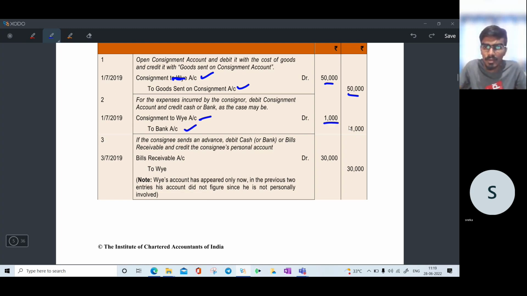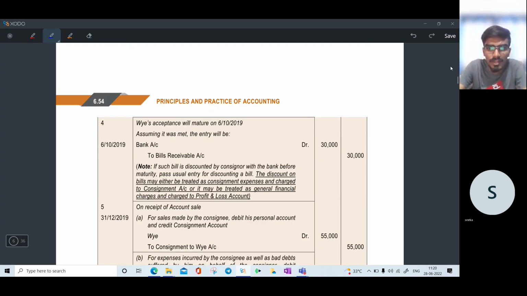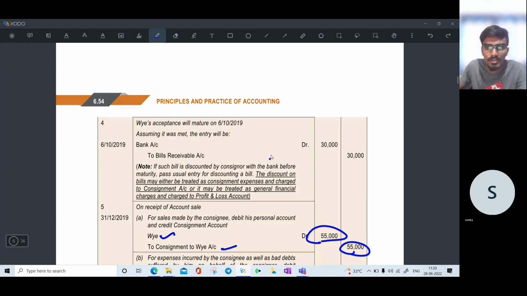Consignment to bank account 1,000, 1,000. It is the consignor's expense. Then what are the questions we will write? Yeah, this one. W2 consignment, that is sales for 55,000. We are also writing sales also.